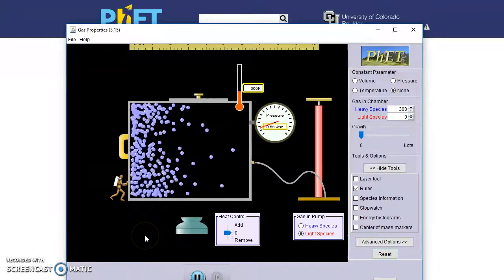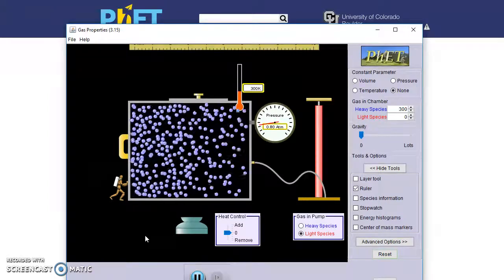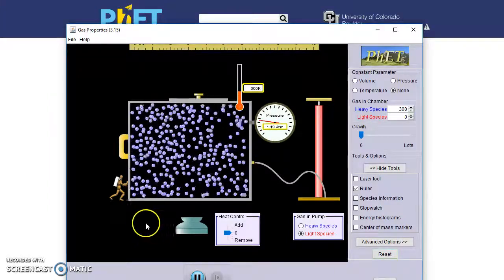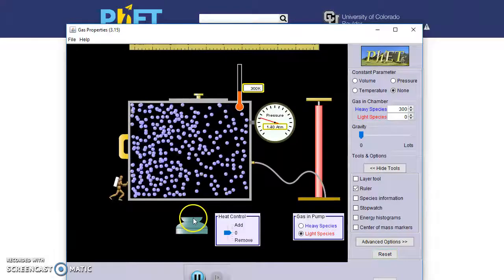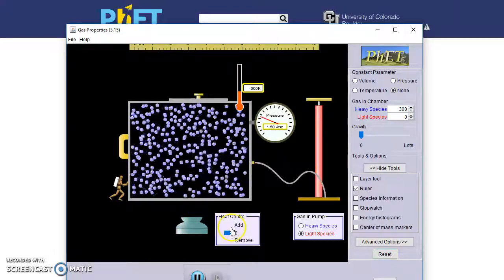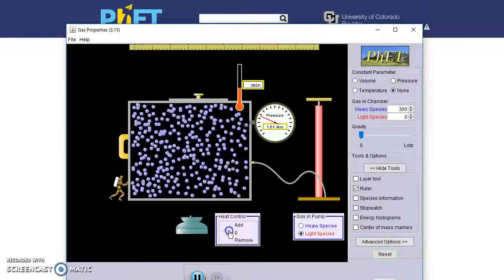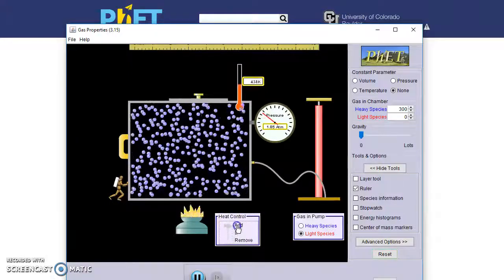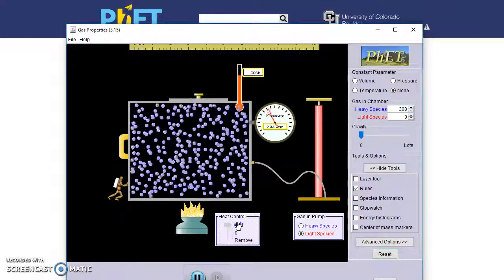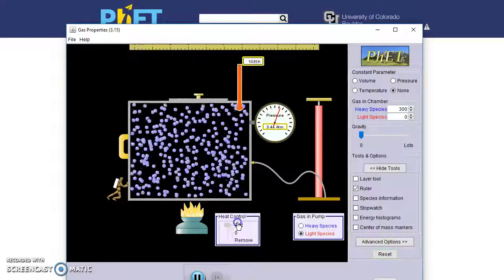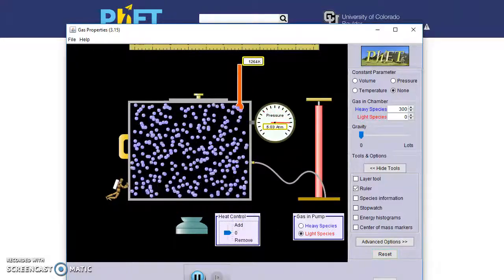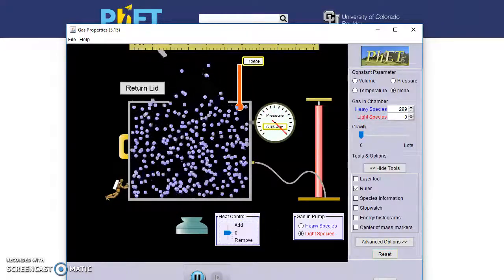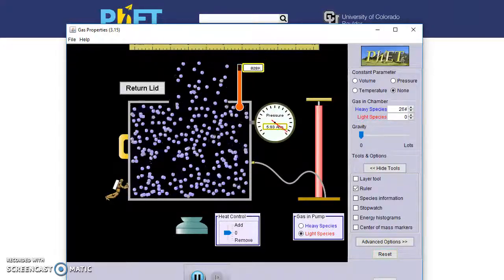come up with an explanation that would explain the relationship between temperature and pressure of a gas. What happens when you heat a gas? It looks like the pressure increases.